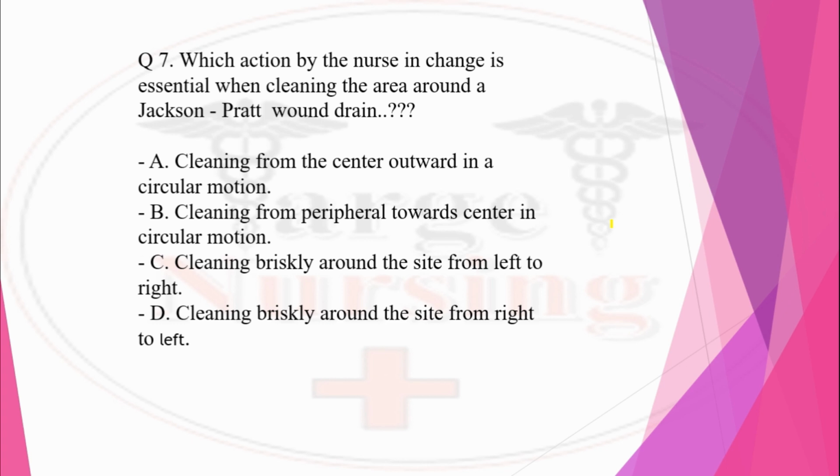The first option is cleaning from center outward in a circular motion, cleaning from peripheral towards center in circular motion, cleaning briskly around the site from left to right, and cleaning briskly around the site from right to left. So firstly see what the question is asking, which action by the nurse is essential when cleaning the area around the Jackson Pratt wound drain.